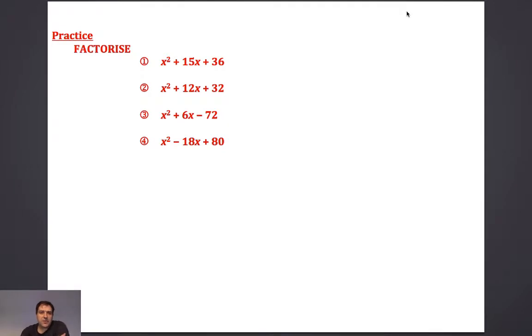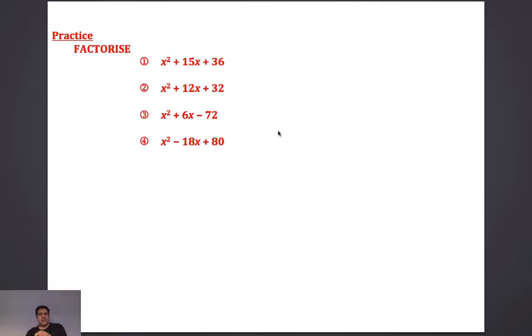So going back to the questions here, question 3, you've got a couple with minuses, so you've got to be a bit careful with those. So you're looking for factors of minus 72 that add up to 6. Whenever you see a minus number, it belongs to the thing that comes next.